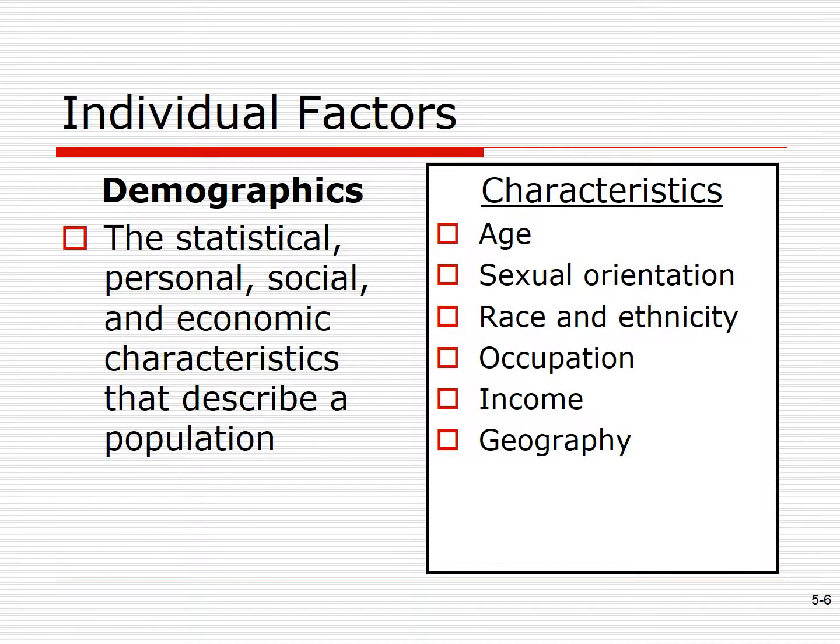Certainly individual factors. We would hope that as individuals, we have control over the decisions that we make. We can talk about factors such as demographics, the statistical, personal, social, and economic characteristics that describe a population. So this would include things like age, sexual orientation, race and ethnicity, occupation, income, maybe even geography. So we can certainly describe a target audience based on these factors.